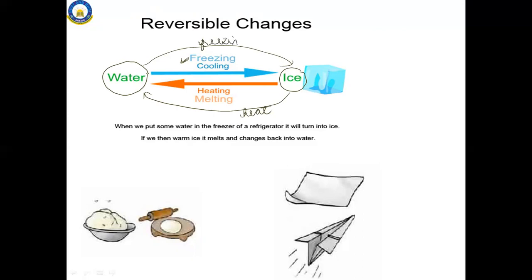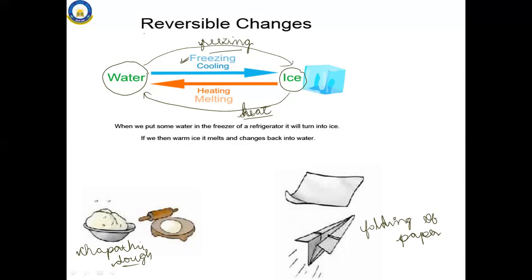This one is because of the freezing, and this one is because of the heating. And here is the chapati dough example that we had studied, and here is the folding of paper example. So these are the picture examples of reversible changes.